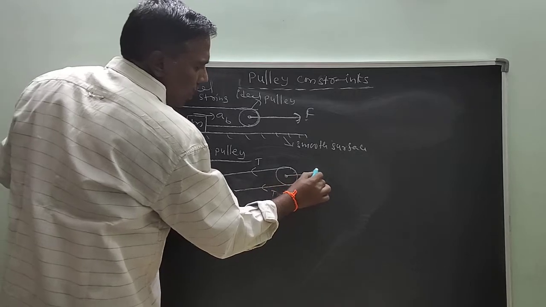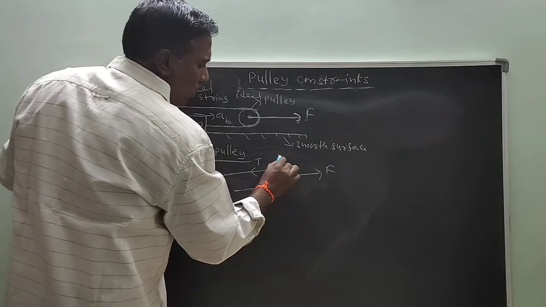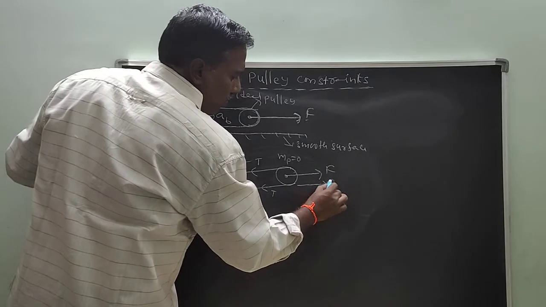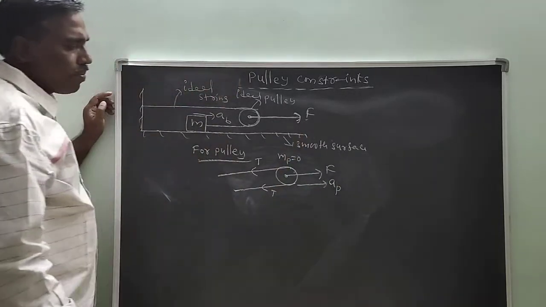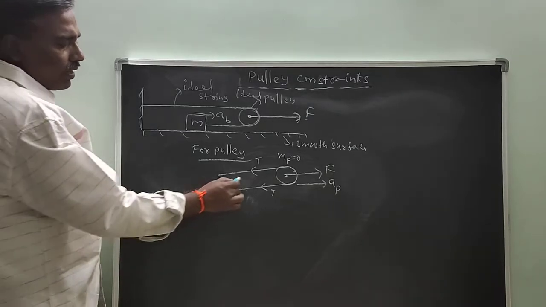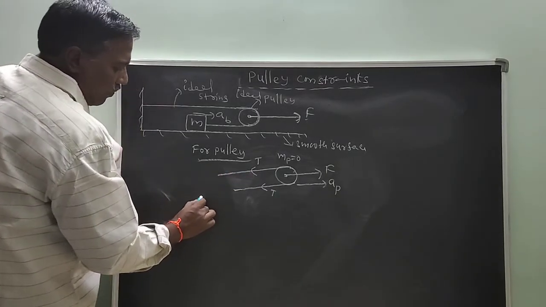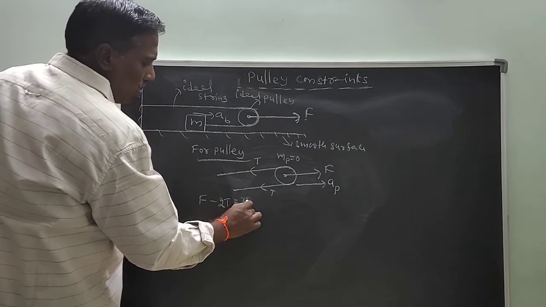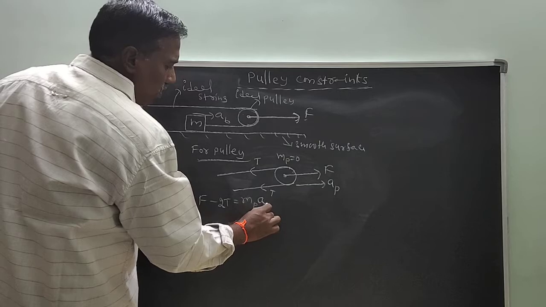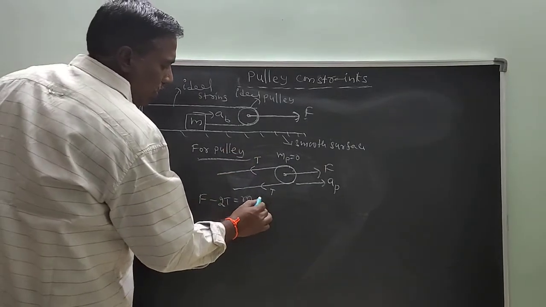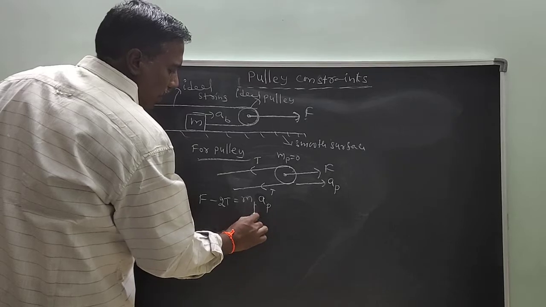This force is F. Mass of the pulley is 0. Acceleration of the pulley is AP. For this pulley, F minus 2T is equal to mass of the pulley into acceleration of the pulley.